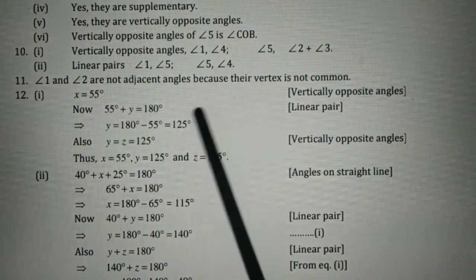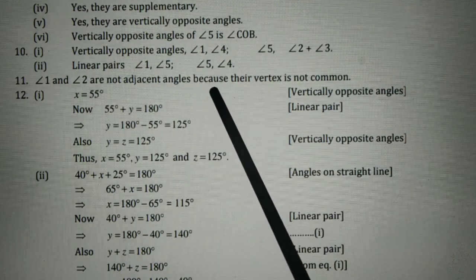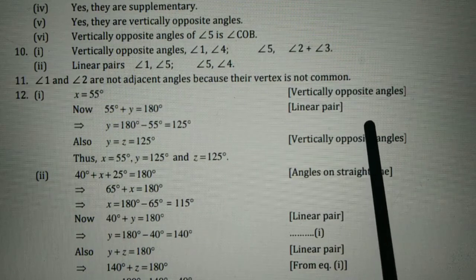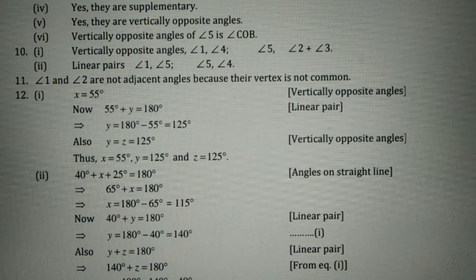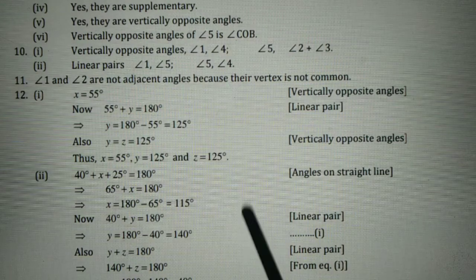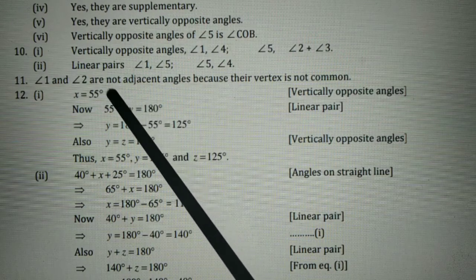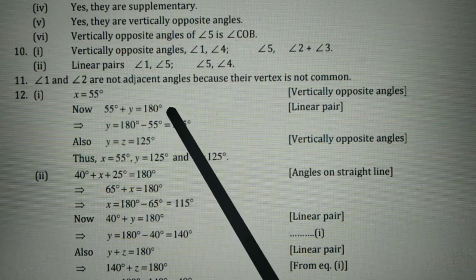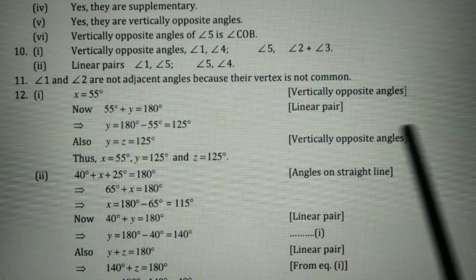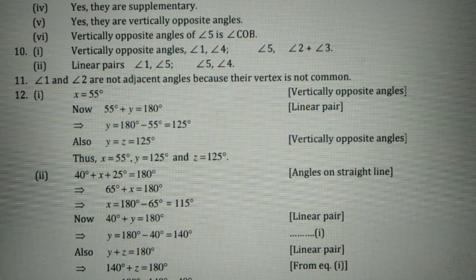Alright, next, 55 plus Y is equal to 180 because they make a linear pair as I told you in the diagram. Next, what is the value of Y? This is an equation. Transfer 55 towards the right hand side. We get 125 using the linear pair property.